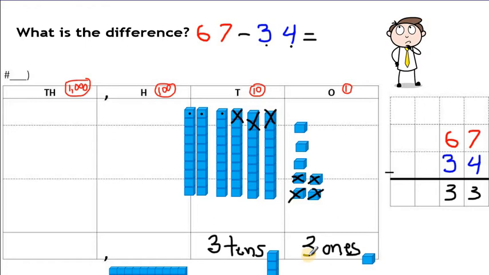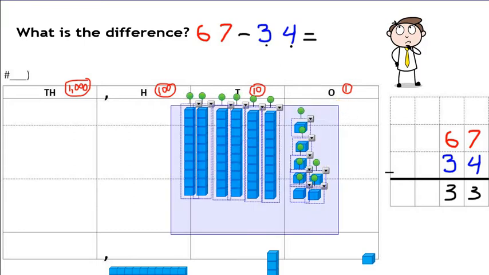Now, I want you to use this representational drawing to do subtraction. So we have reviewed how to do subtraction with base 10 blocks and how to do subtraction with numbers, and let's practice using it with representational drawings.